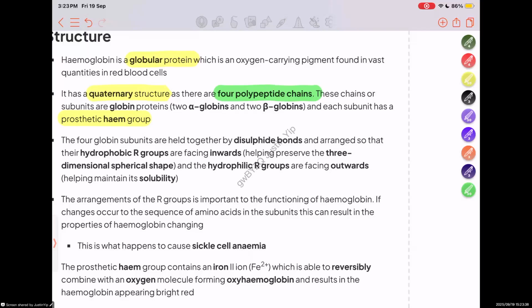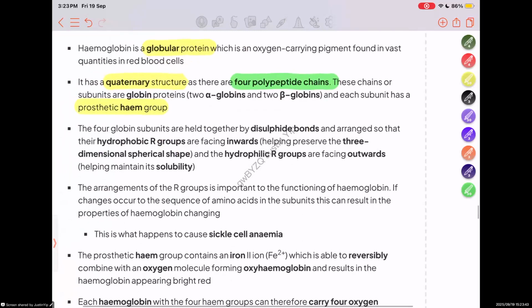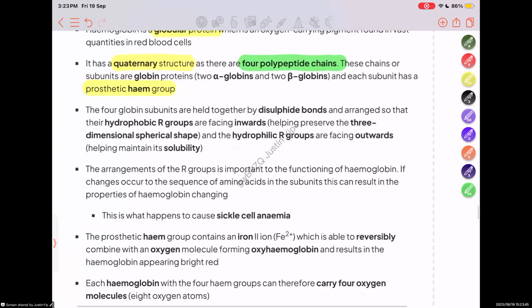Then the 4 globin subunits are held together by disulfide bonds, arranged so that their hydrophobic R groups face inward and their hydrophilic R groups face outward.